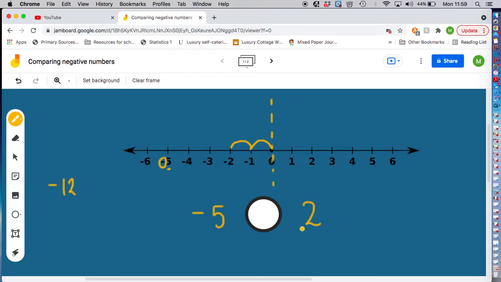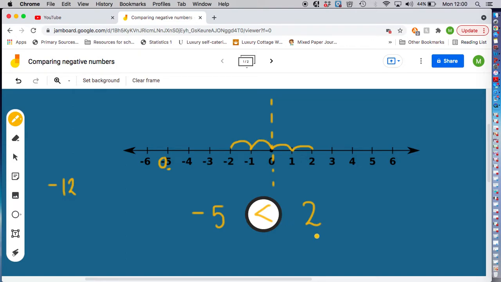But that's not correct. If we're comparing a negative number and a positive number, the negative number will always be smaller because it's 5 below 0. 5 below 0 is smaller than being 2 above 0. So -5 is less than 2.